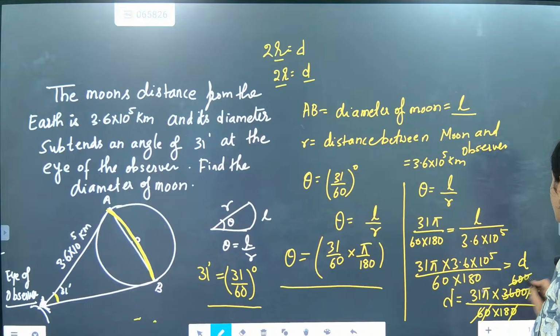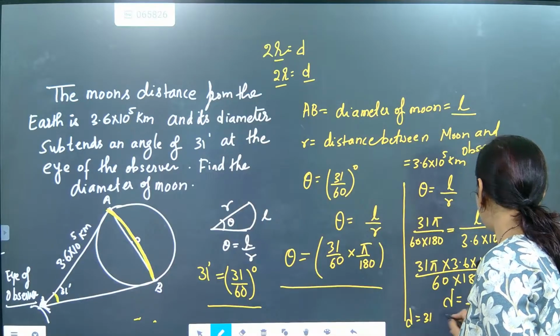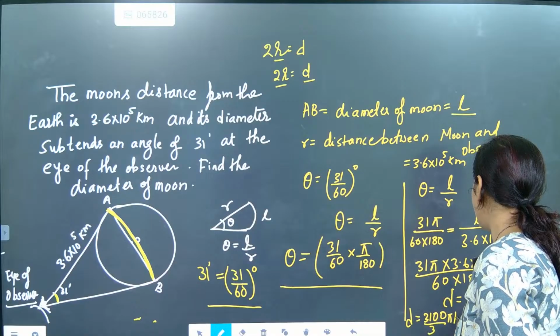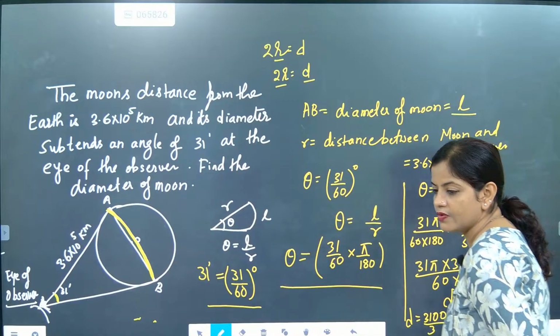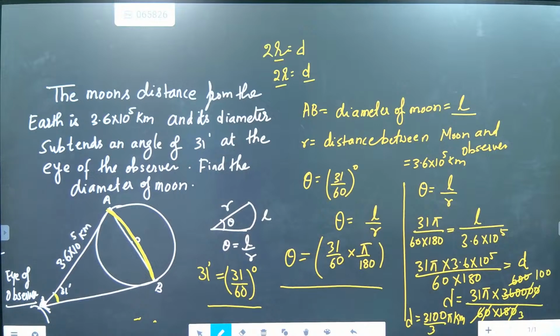The diameter is coming as 3100 by 3 pi kilometers. That is the answer.